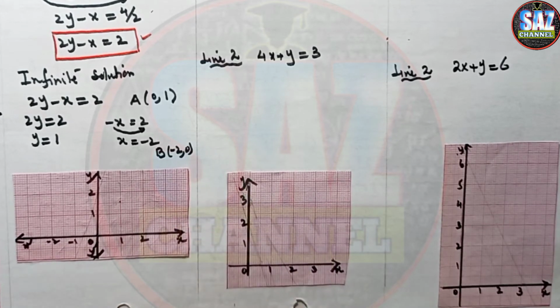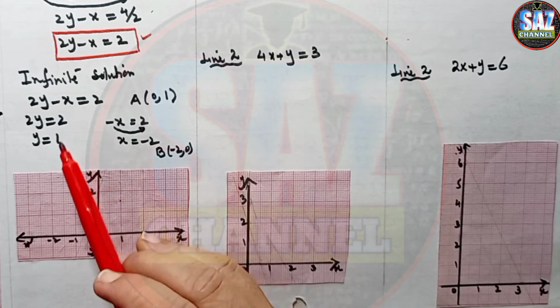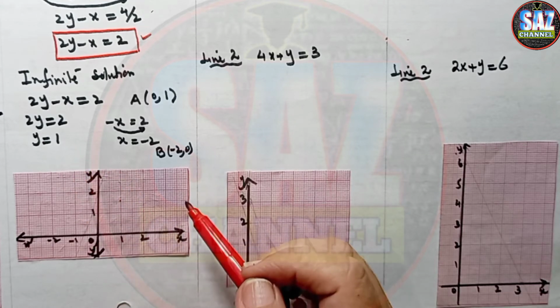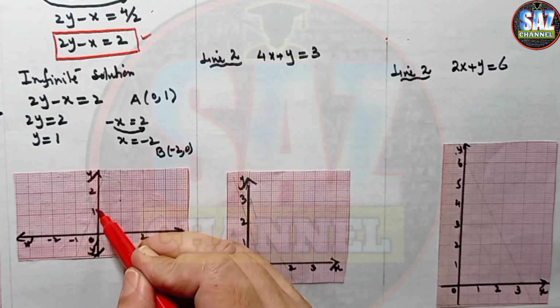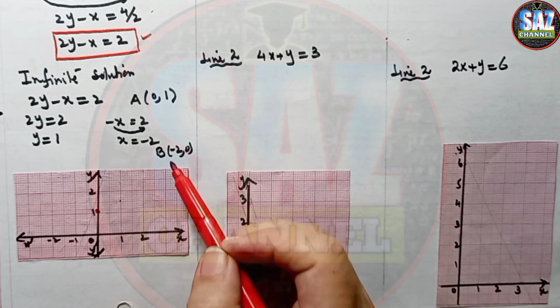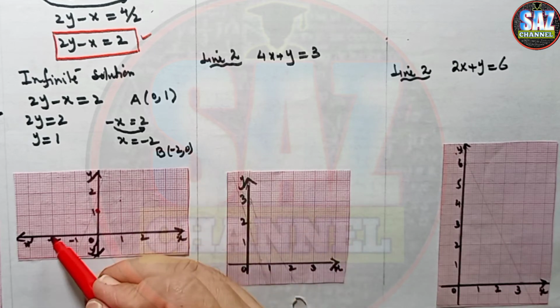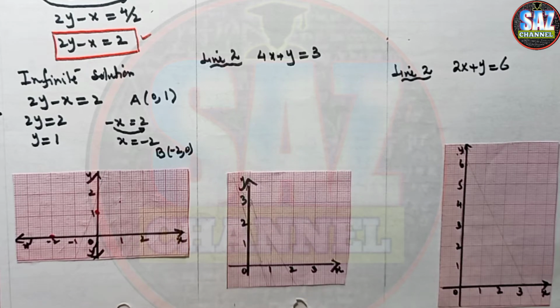Let's mark the points on the graph paper. When x is 0, y is 1, so the point will be coming at this place. And when y is 0, x is minus 2.